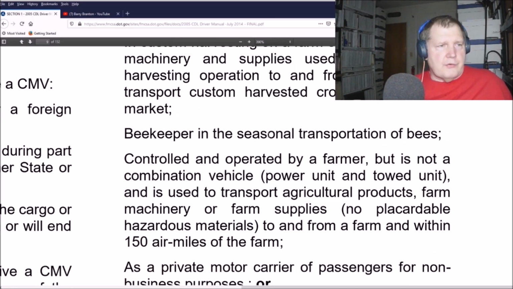Beekeeper in seasonal transportation of bees. Controlled and operated by a farmer, but is not a combination vehicle, power unit, or towed unit, and is used to transport agricultural products, farm machinery, or farm supplies, no placardable hazardous materials, to and from a farm and within 150 air miles of the farm.